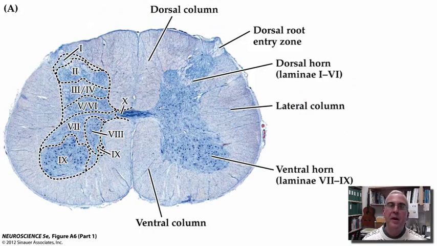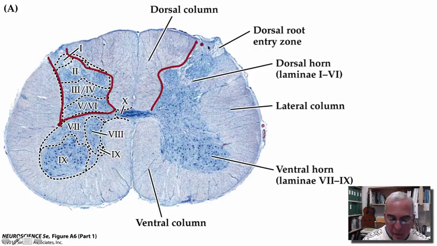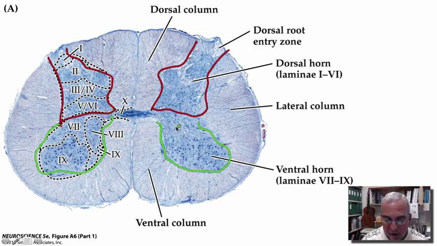Okay, so now let's turn our attention to the gray matter of the spinal cord, and we can recognize basically two broad regions of gray matter in the spinal cord. There's something that we call the dorsal horn, which can be found in this aspect of the gray matter of the spinal cord. And then there is a ventral horn. And the ventral horn would be pretty much the rest of this, excluding perhaps what we might consider to be an intermediate zone between the dorsal horn and the ventral horn.